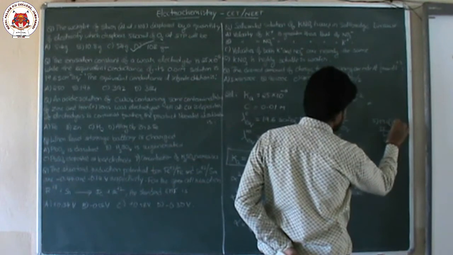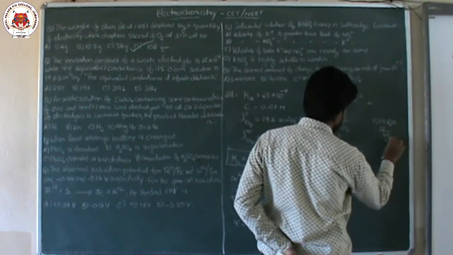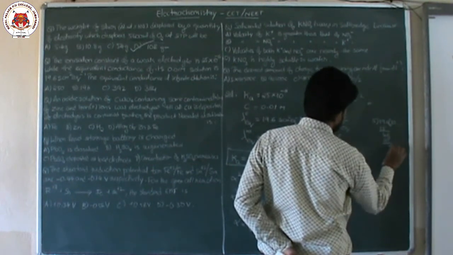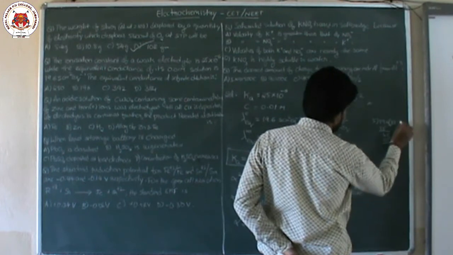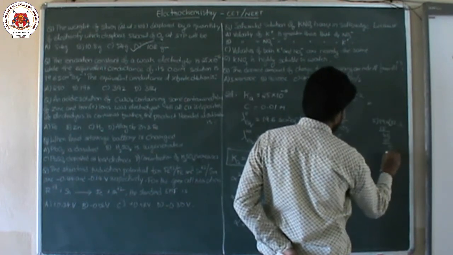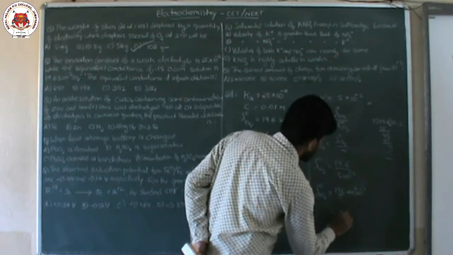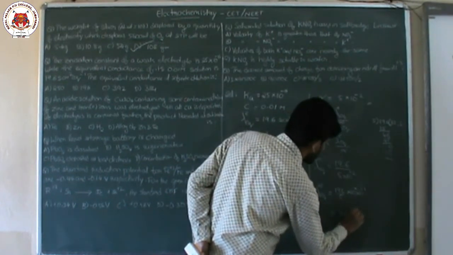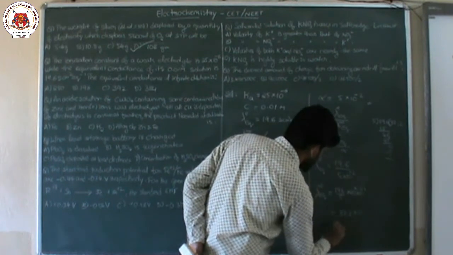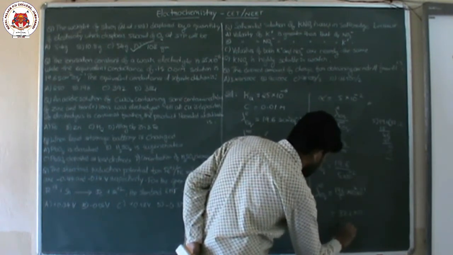Doing the division, this value comes around 37.2 into 10, meaning 372 approximately.